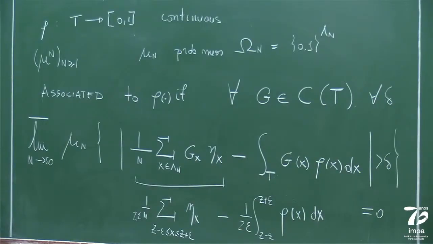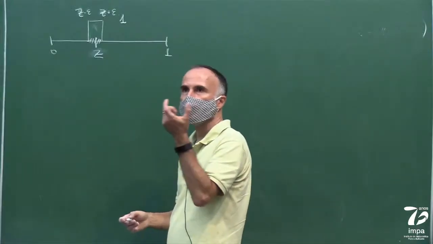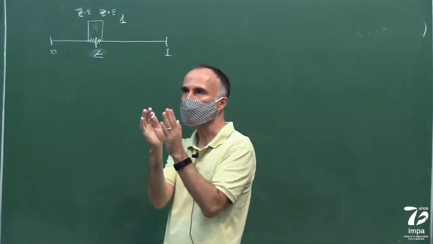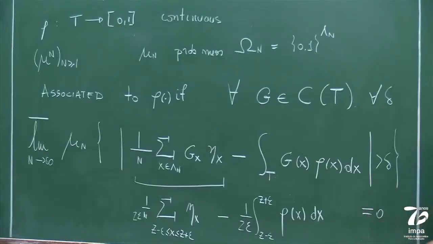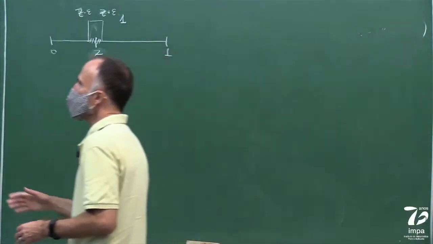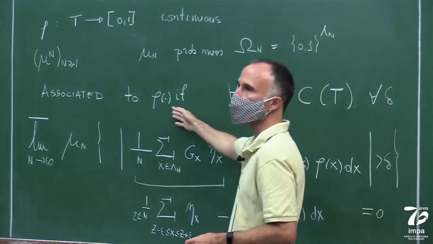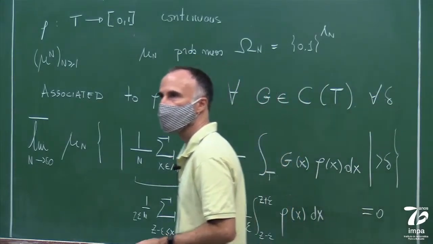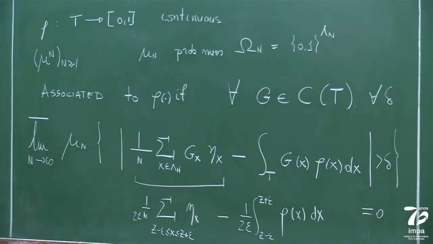Okay. So this condition is telling me that for any z, the density of particles around z is very close to rho of z. Okay, and then I would say that the sequence of probability measures is associated to this density profile if that happens. And let me give you an example of a sequence of measures which is associated to that.